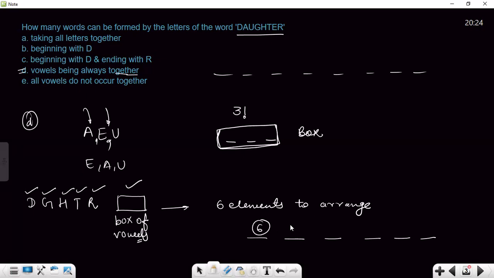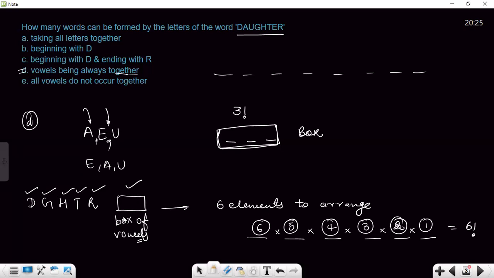For the second place, there will be 5 choices because we cannot repeat. 4 choices for the third, 3 choices for the fourth, 2 choices for the fifth, and 1 choice for the last place. They are dependent events, so we'll multiply them. So there are 6 factorial ways to arrange these 6 elements.